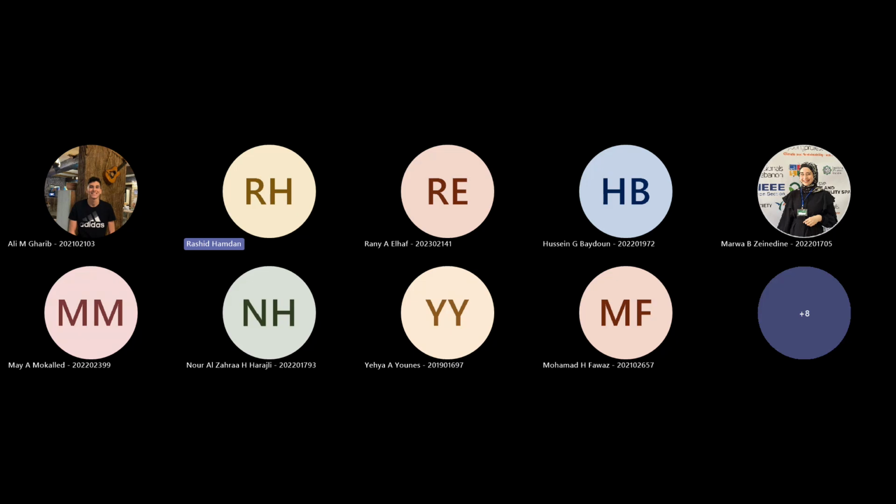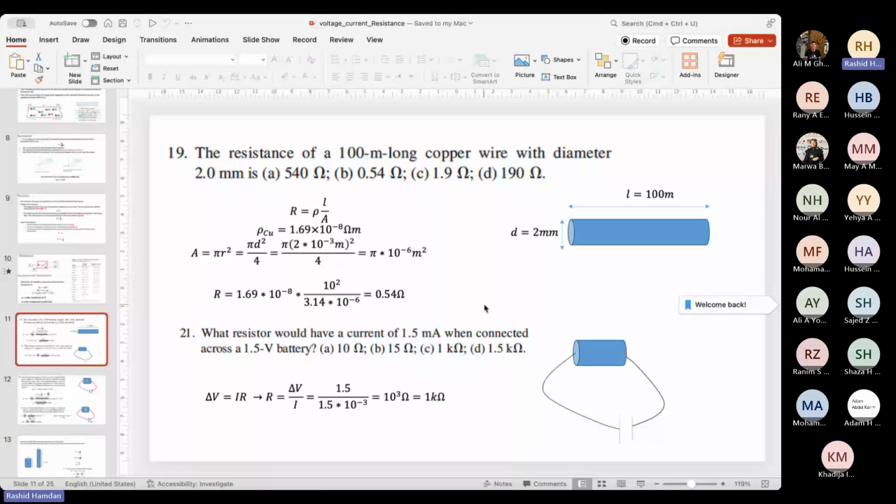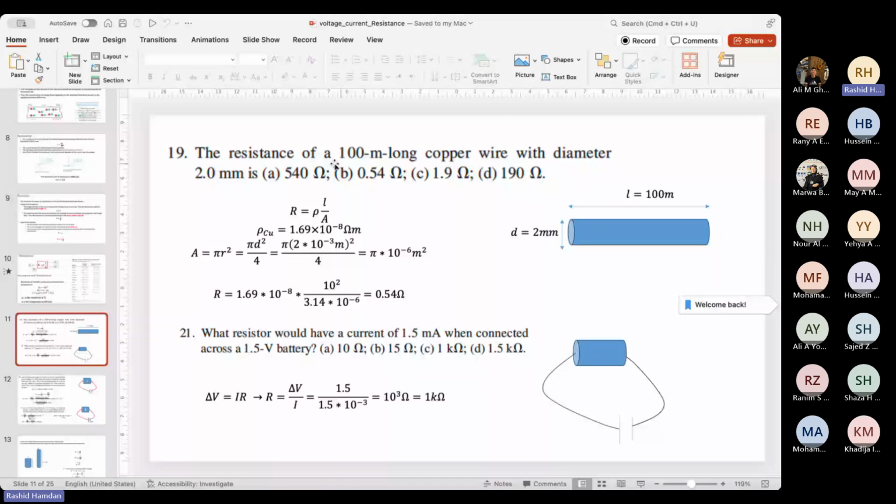What is the resistance of a 100 meter long copper wire with diameter 2 millimeter? So I have a copper wire, length about 100 meter. The current is going to flow in that direction. And the diameter of the wire is 2 millimeter.